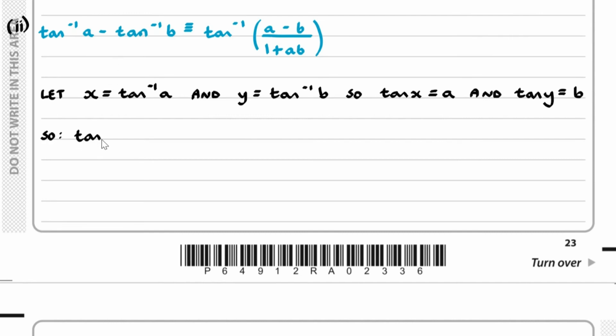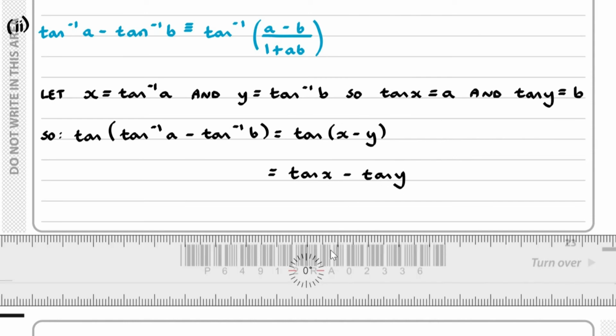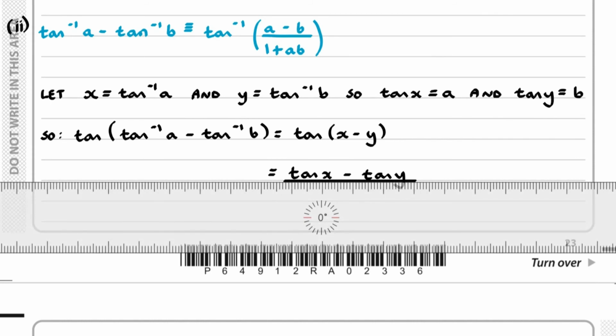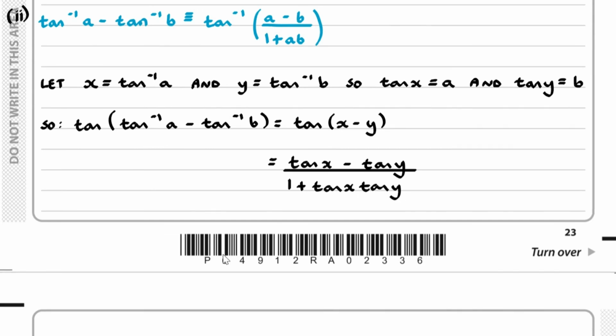we would have the tangent of the inverse tan of A subtract the inverse tangent of B equaling the tangent of x minus y, and using the identity, this is the same as tan x subtract tan y divided by 1 plus tan x times tan y.